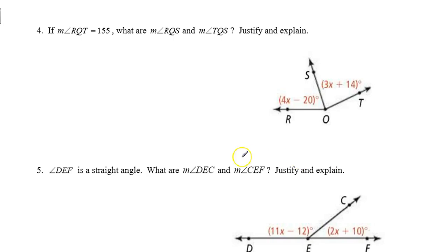All right, let's go to the next page. Now we've got justify and explain. When you see that word justify, think of justify as the math. Explain means use words. Justify is the math; explain is going to use words.